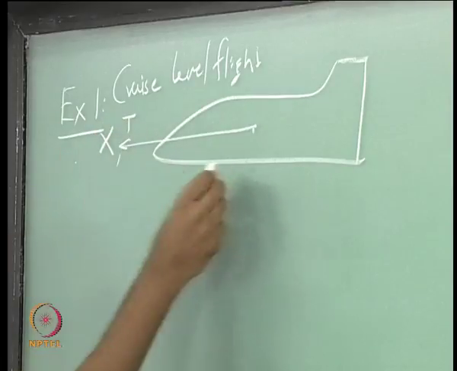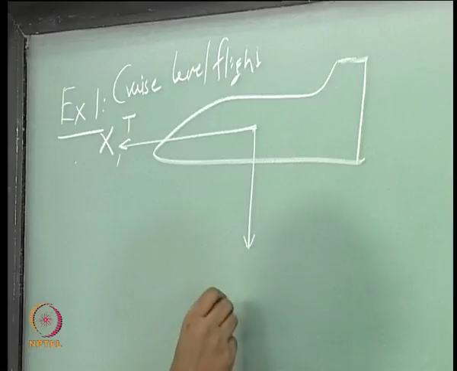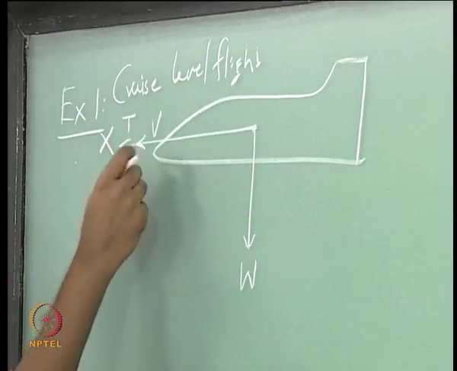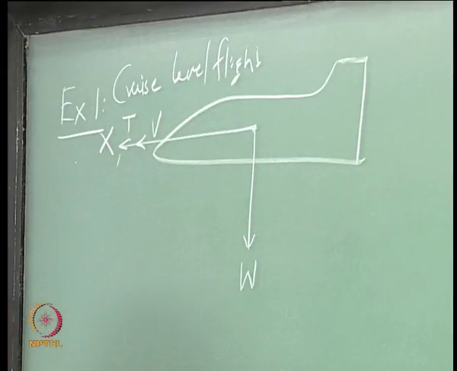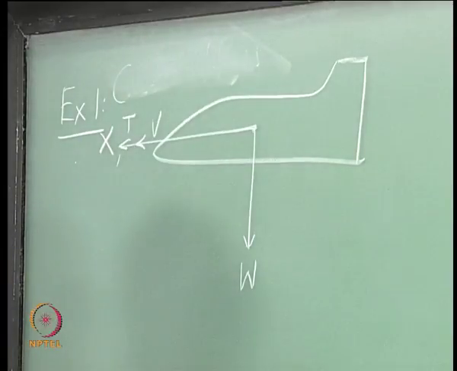The aircraft is moving with velocity v along its x axis, and thrust is also acting along the x axis of the aircraft.